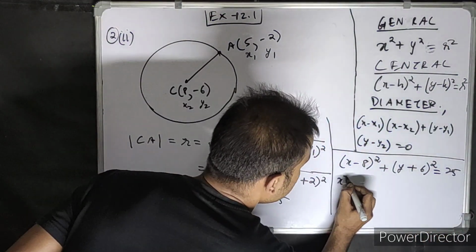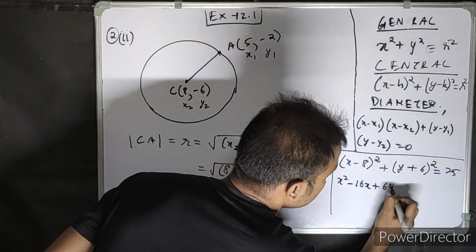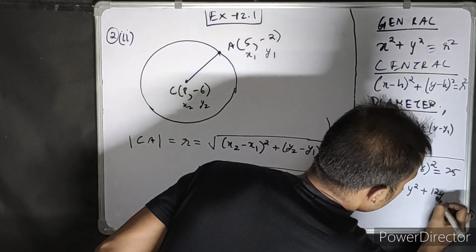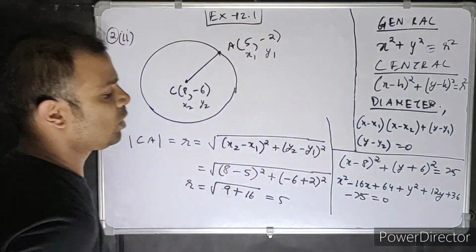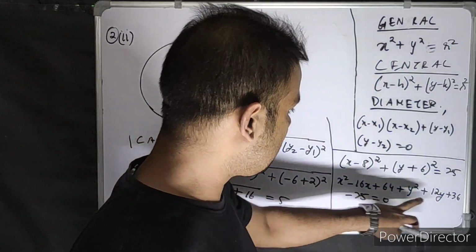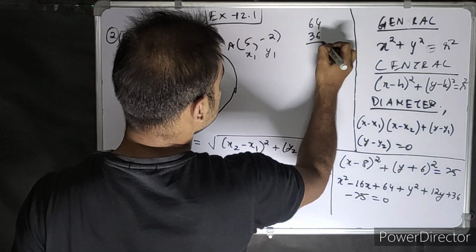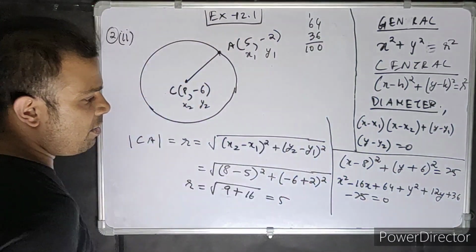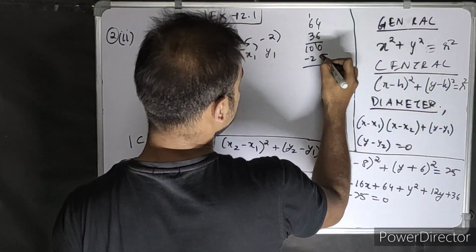Now when you expand, it will be x square minus 16x plus 64 plus y square plus 6 2s are 12y plus 36 minus 25 is equal to 0. Now when you do your solution, 64 plus 36 is 100, 100 minus 25 is 75.